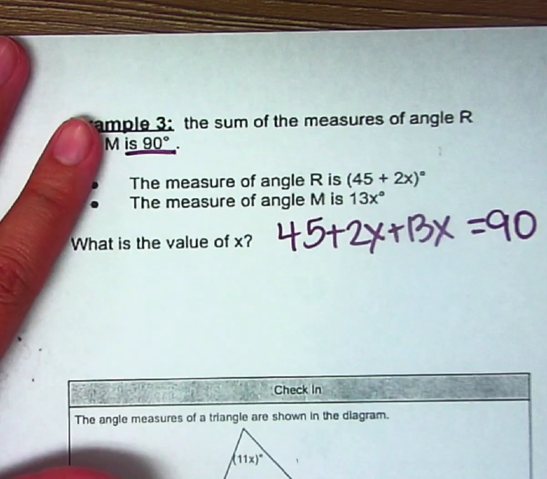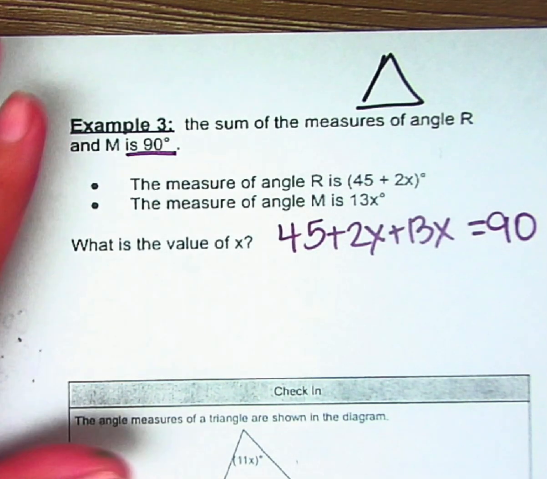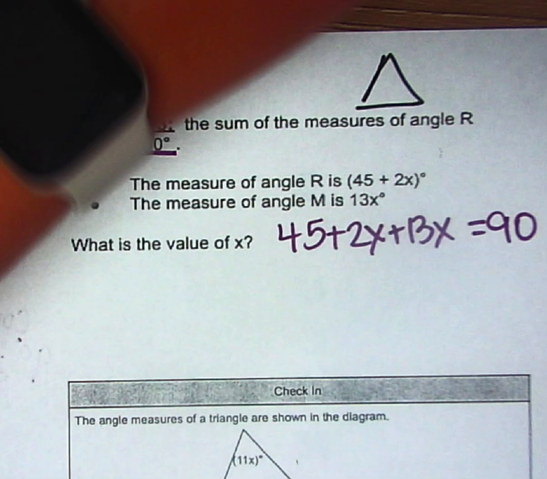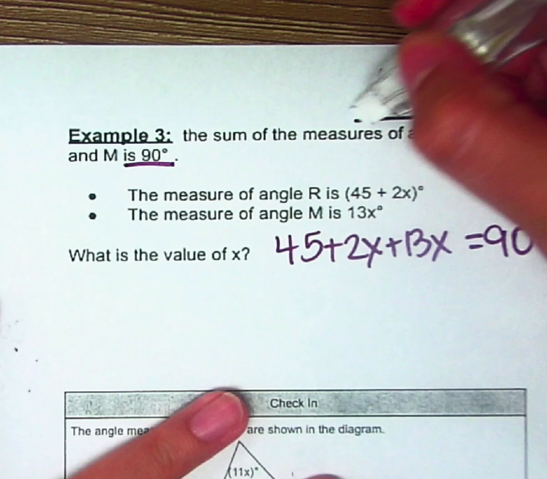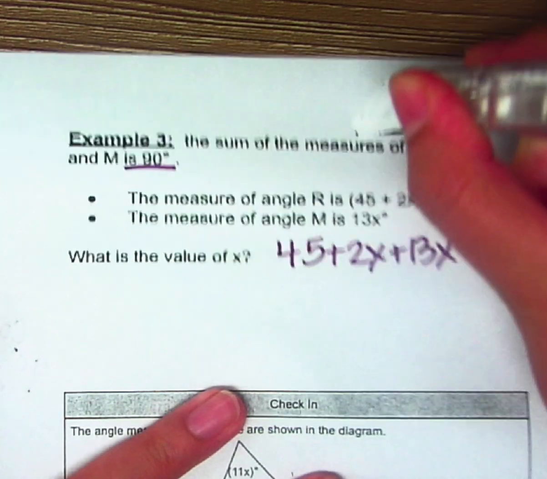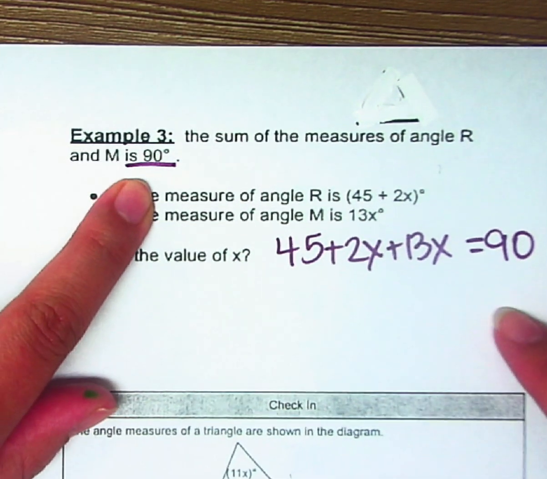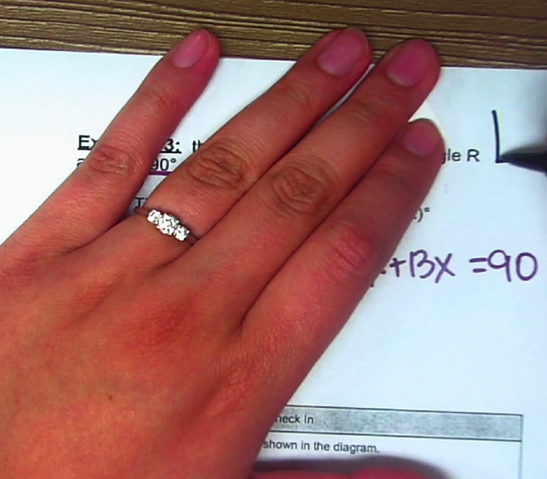So my visual people, it's just the same as writing my triangle. They're giving you the angles. Oh, I'm sorry. This is not a triangle. Sorry. This is a complementary angle because it's equal to 90, right? So it's going to look like this.